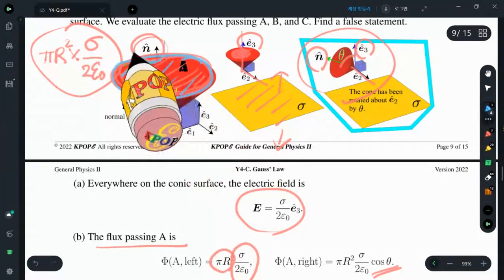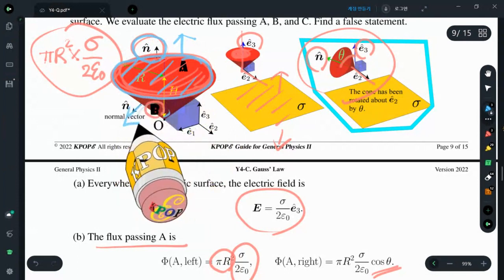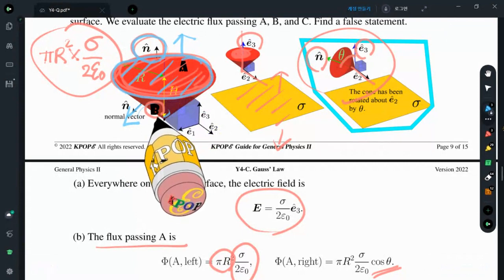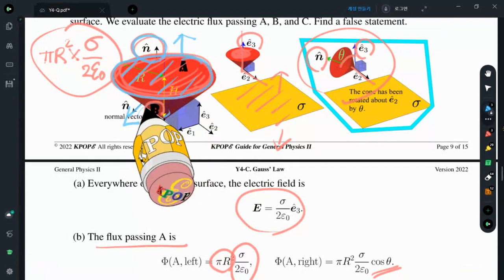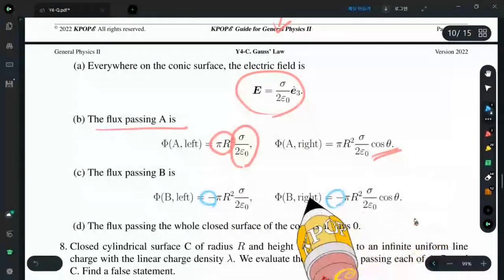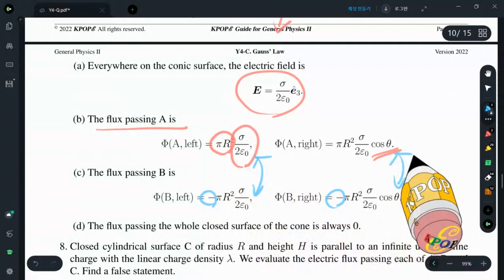By the way, this direction is upward and this direction is downward. Therefore, the answer in magnitude is just the same, but the sign should be flipped. You have a negative sign. Everything else is the same.